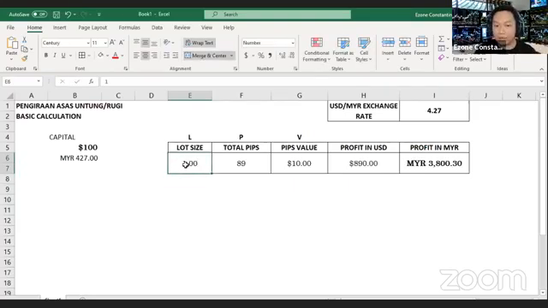So if you trade one lot and times 89 pips, you are making $890. In terms of ringgit, within one day, you already generate 3,800 ringgit.